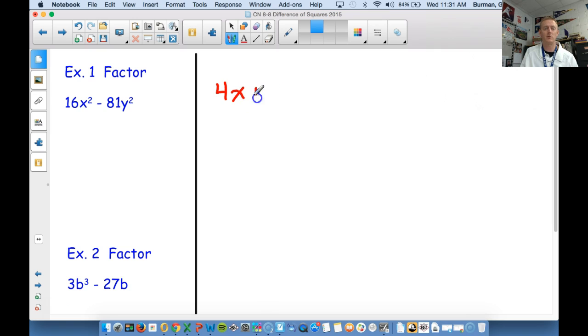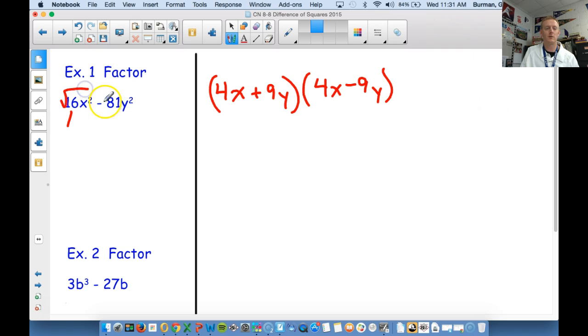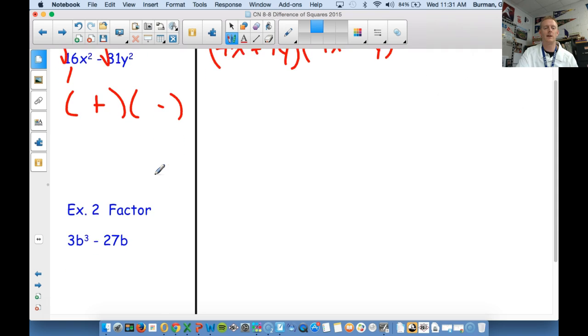So it doesn't really matter, we'll have a 9y. We chose the positive first time, and then we'll have the same exact pattern for our second binomial. So again, we're just breaking this down into the square roots of both of these numbers, and then we're separating something plus, something minus. Okay? So that should be a pretty easy thing for us to identify.